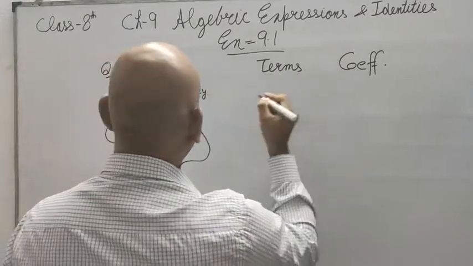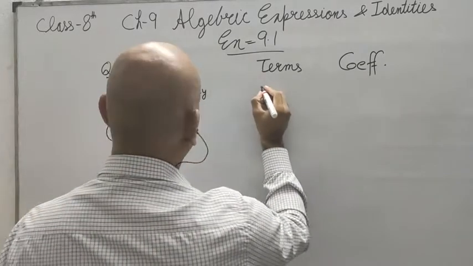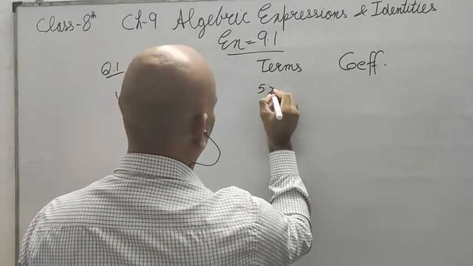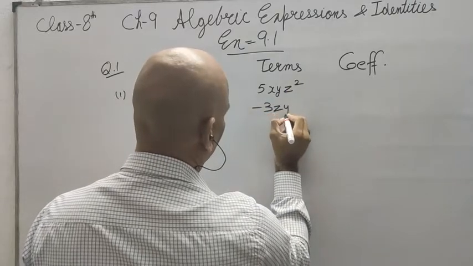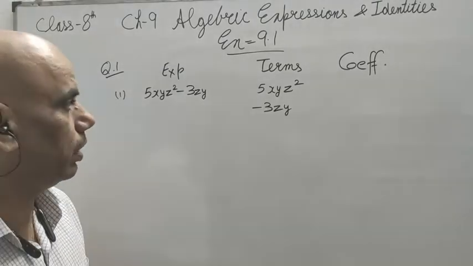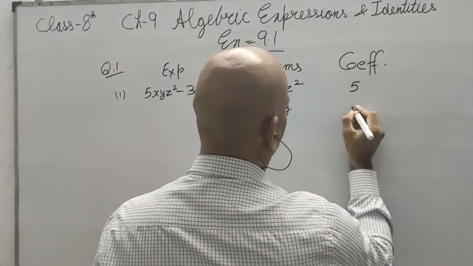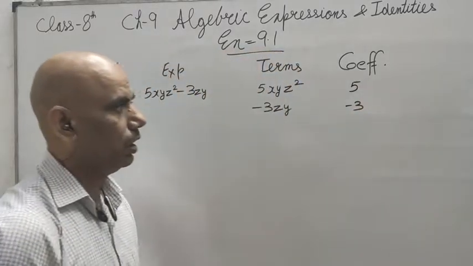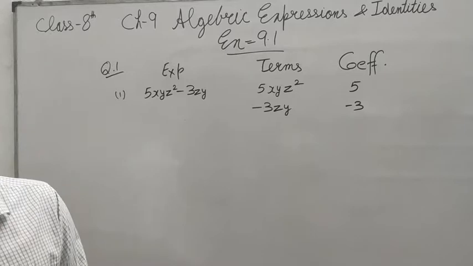How many terms are there? You can see there are two terms, so I am going to write them separately: 5xyz square and minus 3zy. Every time you will write the sign also, because sign is part of the term, and the coefficient here is 5 and the coefficient here is minus 3. Whatsoever number is being multiplied with the variables is known as coefficient.